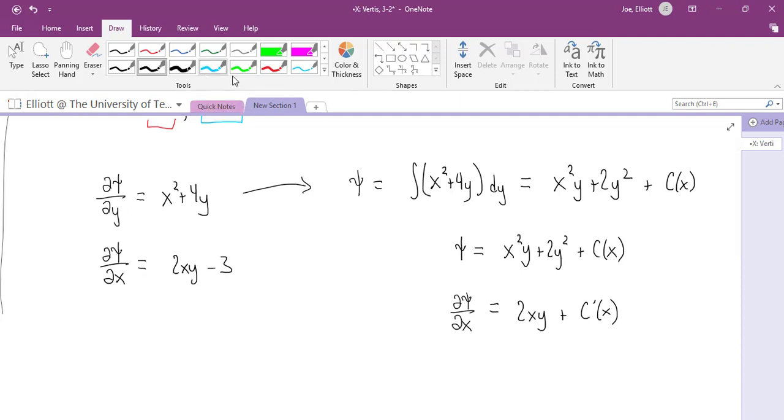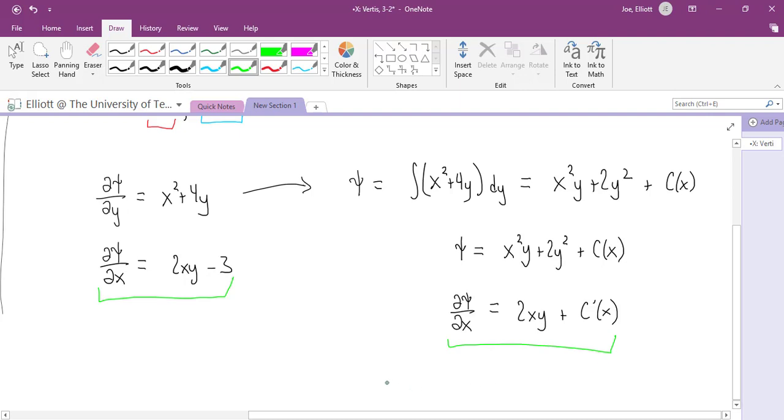So now I have two expressions for the partial derivative of c with respect to x. So these two need to be equal to each other. And so for these two to be equal to each other, it must be that c prime of x is equal to negative 3. Because we have a 2xy for each of them.